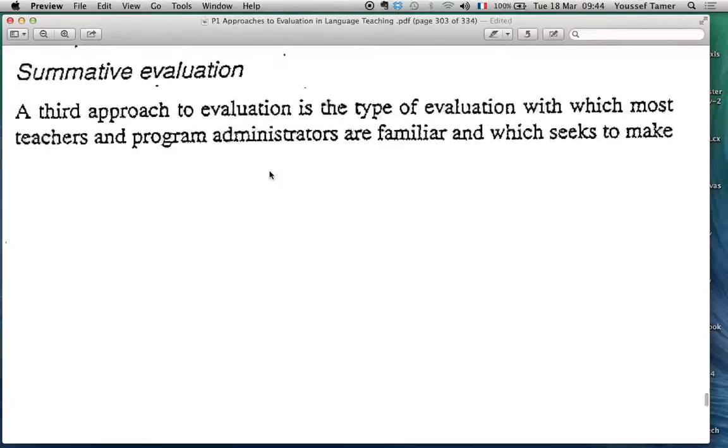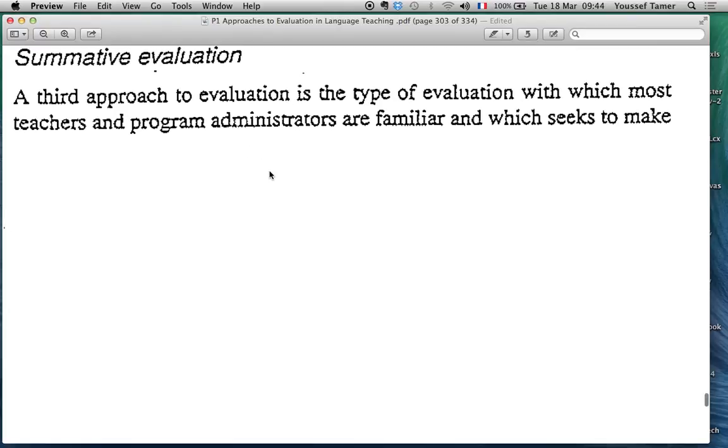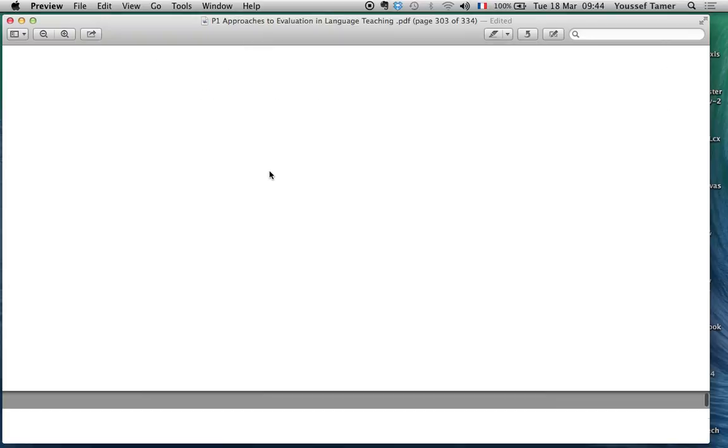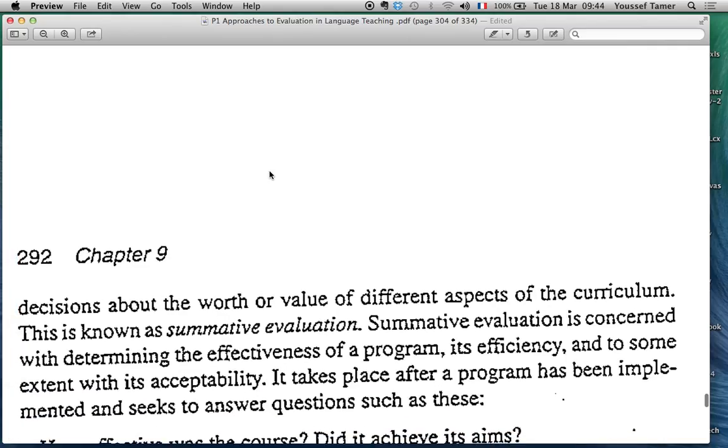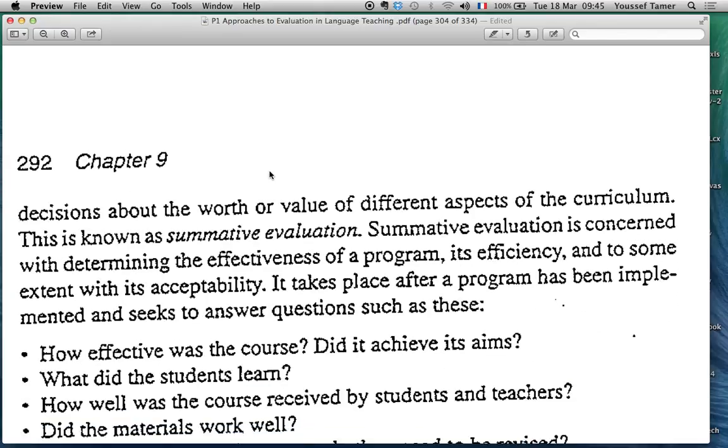Now the next one is referred to as summative evaluation. Okay, summative evaluation. So a third approach to evaluation is the type of evaluation with which most teachers and program administrators are familiar and which seeks to make decisions about the worth or value of different aspects of the curriculum.